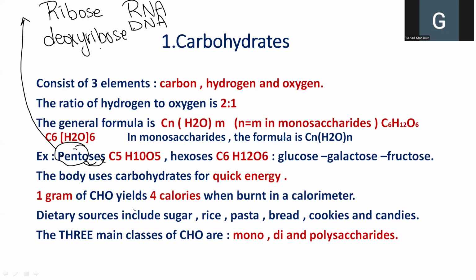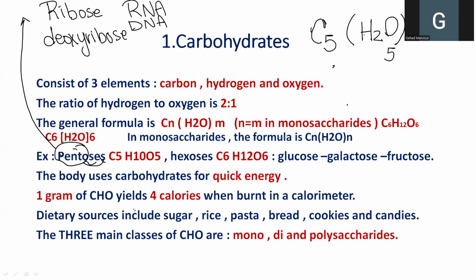They contain 5 carbon atoms, but since they are monosaccharides or simple sugars, the formula applies. So if the pentose contains 5 carbon atoms, then it should contain exactly the same number of water molecules.